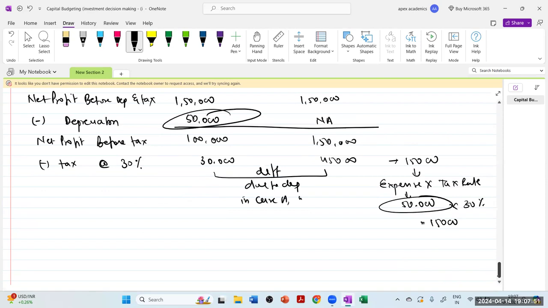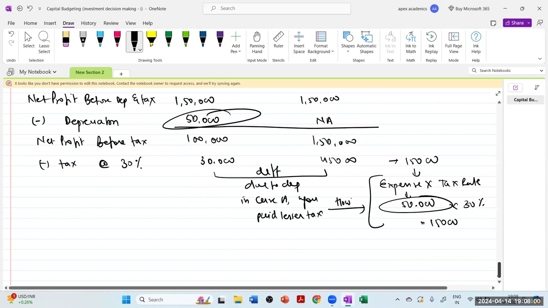in case A, you paid lesser tax. How much lesser? 15,000. Why did 15,000 come? It came because of that. So now what will be your NPAT, that is net profit after tax? Here it will be 70,000. Here it will be 1,05,000.